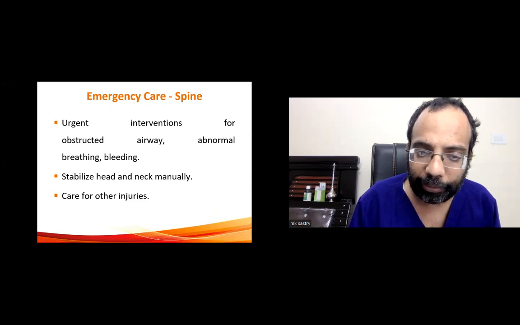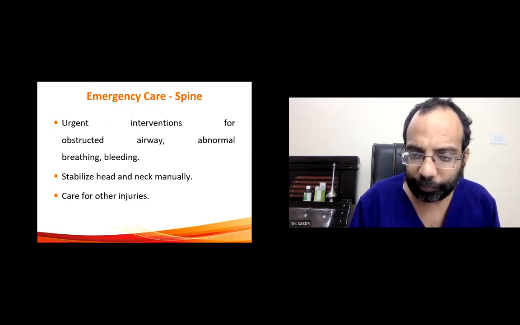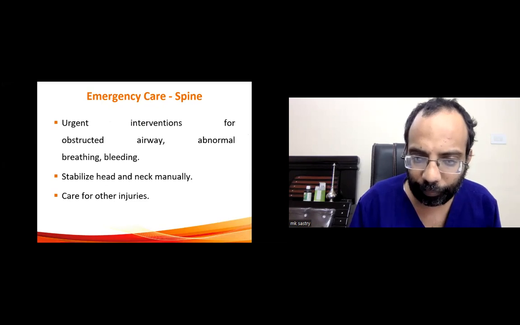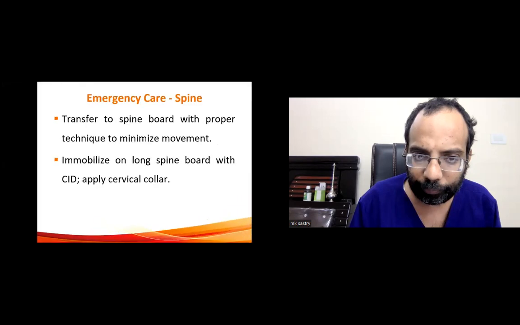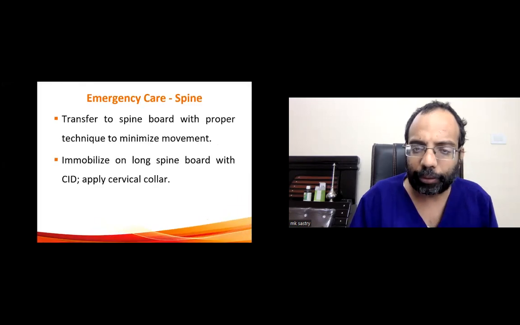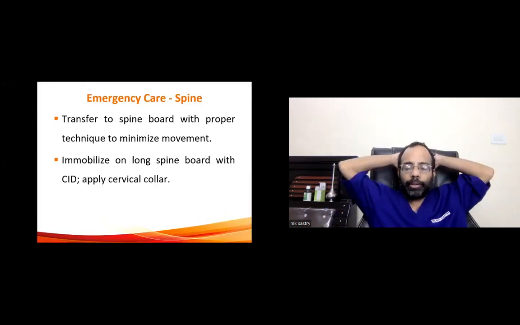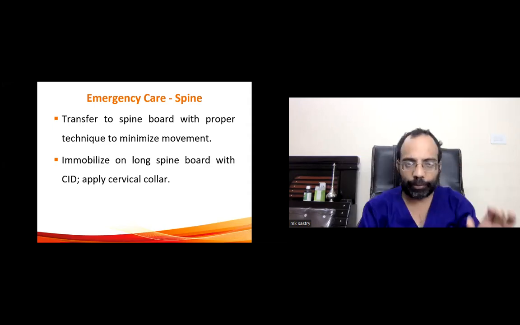Urgent intervention is required, stabilization of neck is required, and care for other injuries should be there. So cervical collar is important and long spine board is important so that the patient has minimum movements.